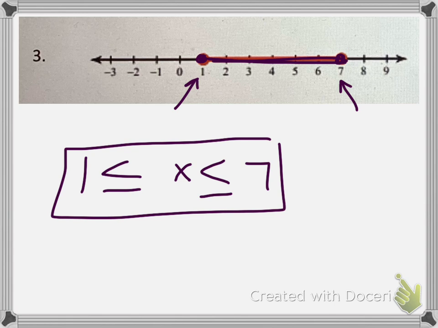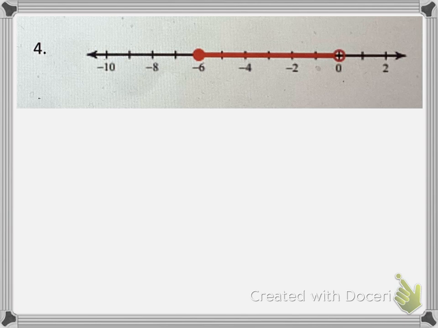Okay? Here we go. Oh, look at this. Another and statement. There's no spacing in between them. So I write my first number. X has got to be greater than that. Oh, and it's also equal to, because it's a solid dot. And then it's less than 0. Open circle here, so no equal to.